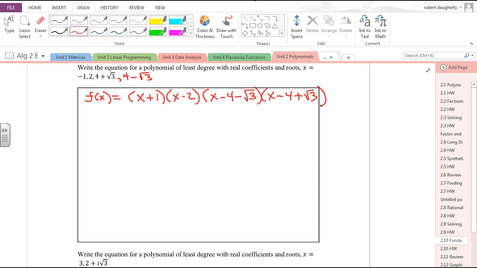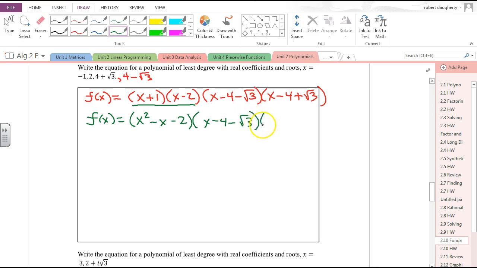So I want to keep those together, okay? But let's multiply these two things together. So f of x equal x squared, what, minus x minus 2 times x minus 4 minus root 3, x minus 4 plus root 3.